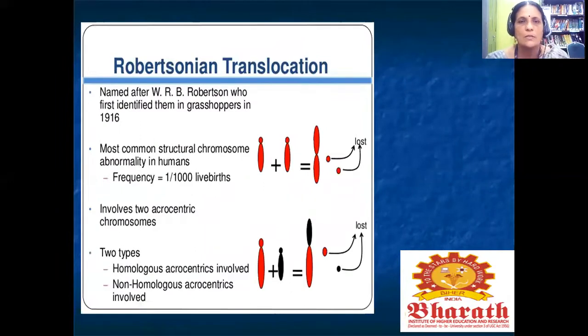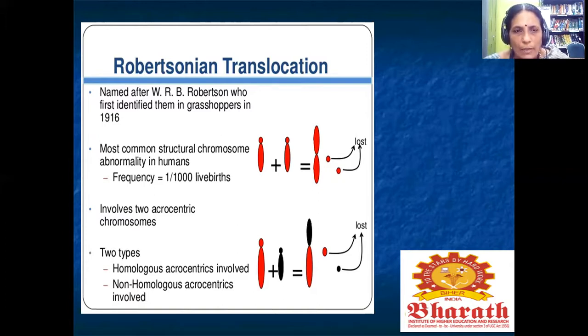Robertsonian translocations are named after W.R.B. Robertson, who first identified them in grasshoppers in 1916. They are the most common structural chromosome abnormality in humans, with a frequency of 1 in 1000 live births, and involve two acrocentric chromosomes.